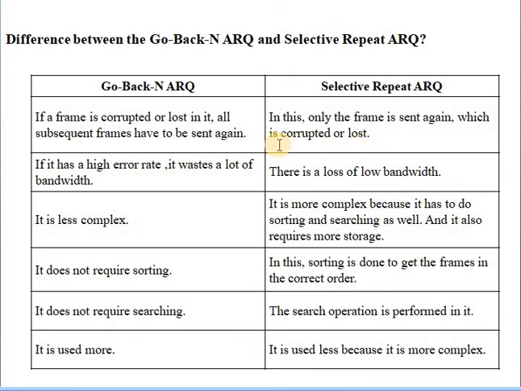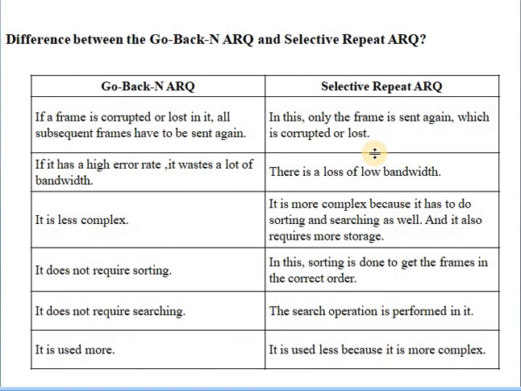But suppose the acknowledgement is lost: Go Back N ARQ retransmits all the frames, sending all frames starting from that frame. In selective repeat also, if the acknowledgement of a frame is not received within a time, all frames starting from that frame are retransmitted. This is the same point in Go Back N and selective repeat ARQ.